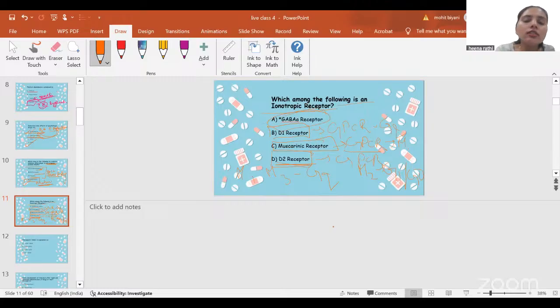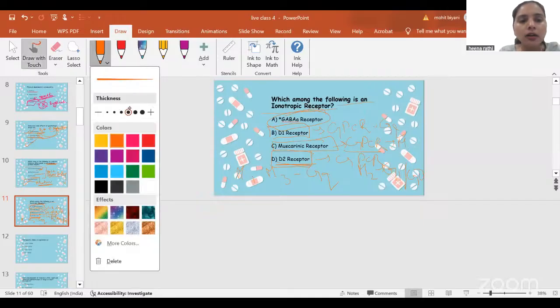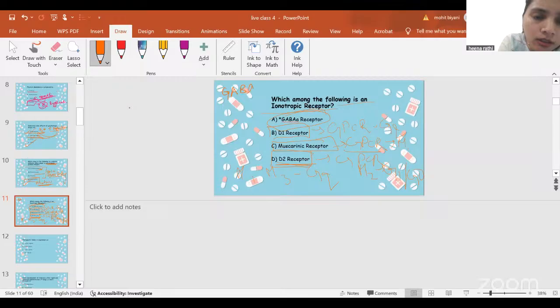Now there is another receptor which is called the GABA receptor. What is the GABA receptor? If we look at the structure of this GABA receptor, it is a pentameric structure which has 2 alpha, 1 beta, 1 delta, and 1 gamma subunit. The whole structure is a flower-like structure, like a sunflower.